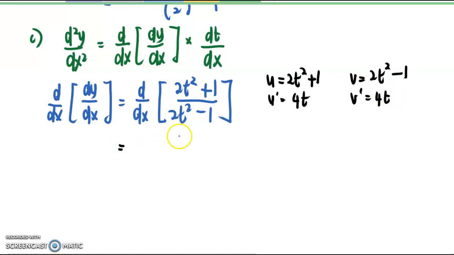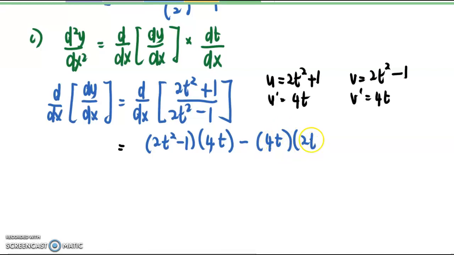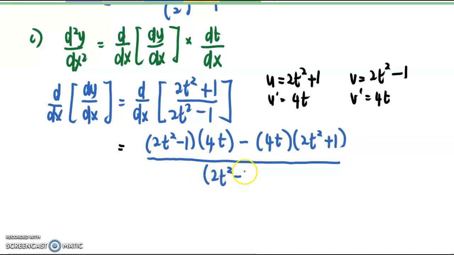So we have v u prime. v is 2t square minus 1 multiplied by 4t minus 4t, 2t square plus 1, divided by 2t square minus 1 square.